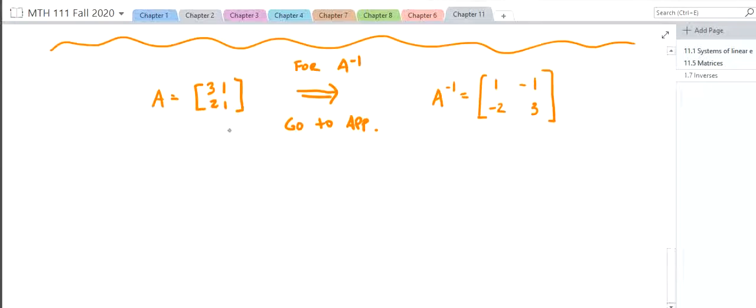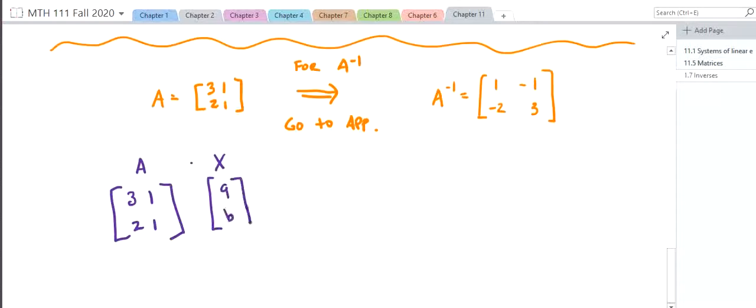Okay, so now that we have the ability to find inverses, we can deal with this problem here. Watch: 3, 1, 2, 1 was our A. We're going to multiply it by this X matrix, which was A and B. And over here, we had just 2 and 1 in this matrix.